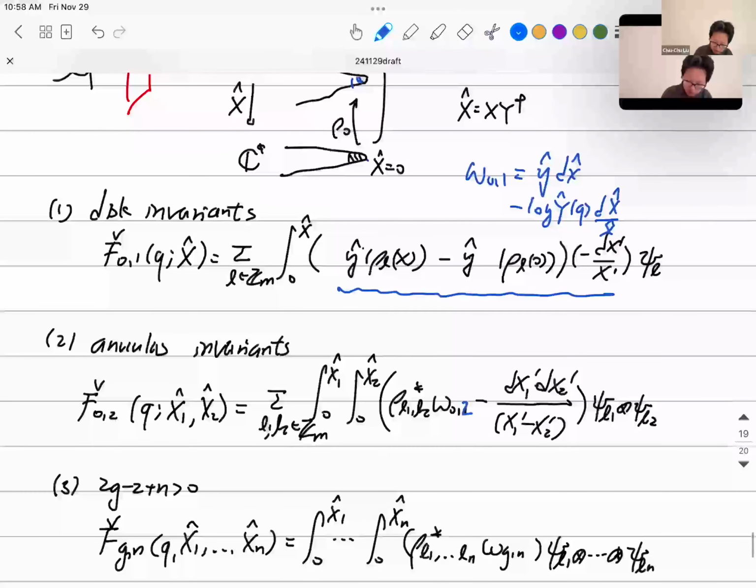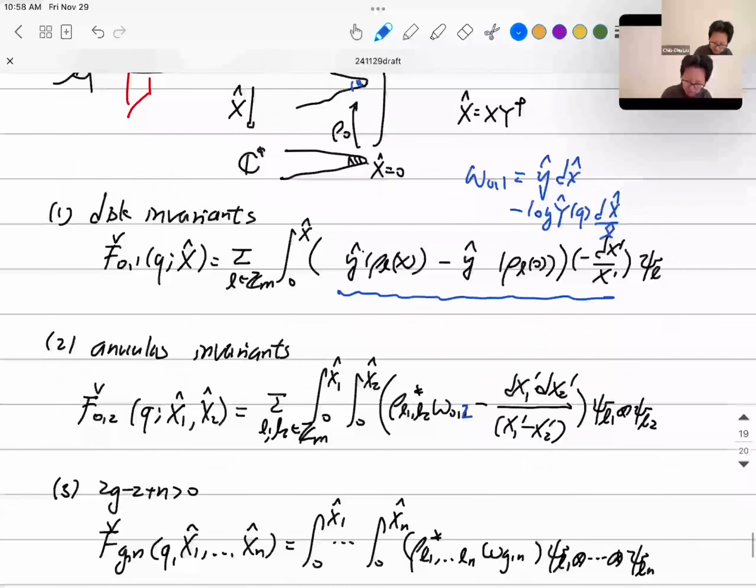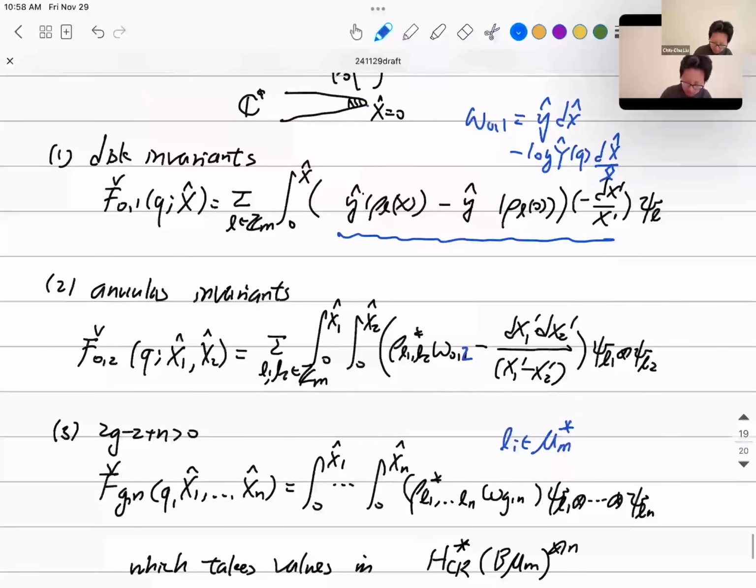So for each choice of L1 to Ln, which are elements of mu m, Li should actually be viewed as the dual of mu m.